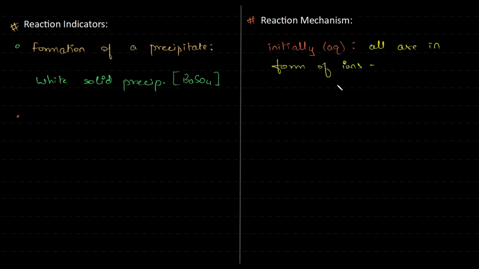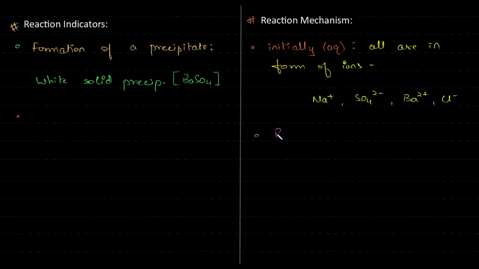So we have Na plus, SO4 2 minus, then Ba2 plus, and we have Cl minus. Now, you can ask, since everything is an ion, any combination can happen, right? True. Any of these two, positive and negative, they can react.